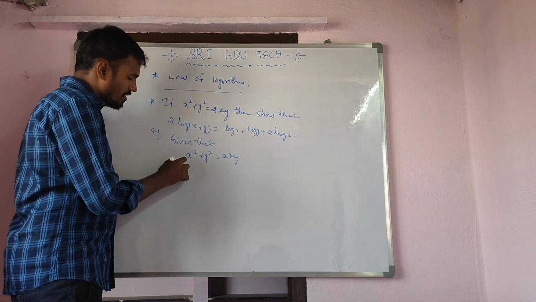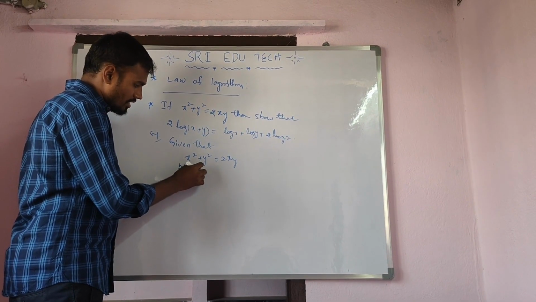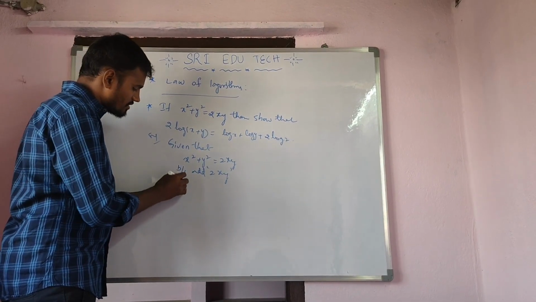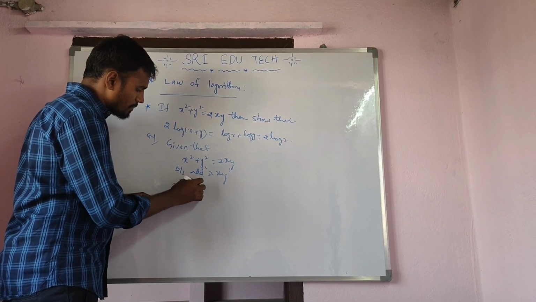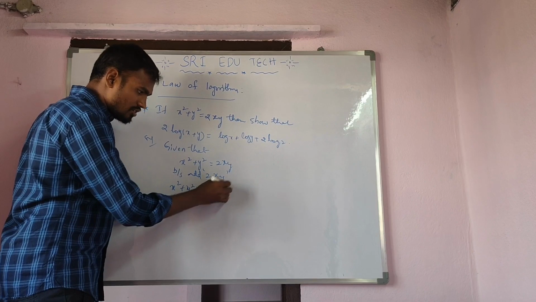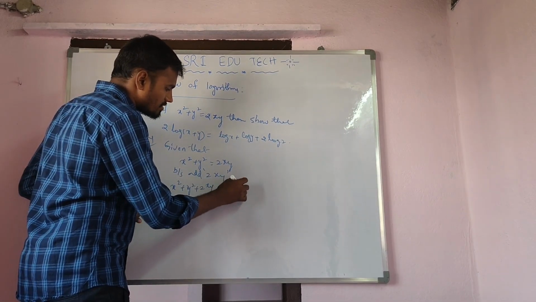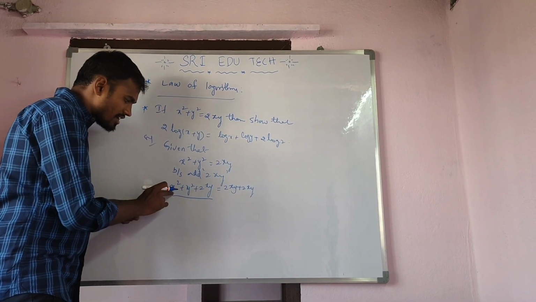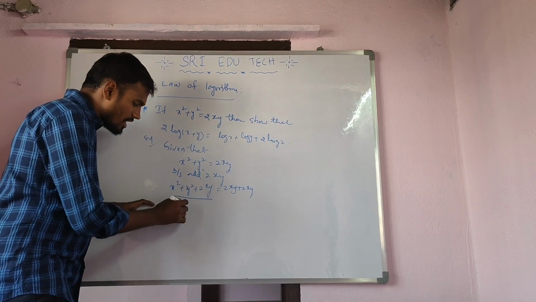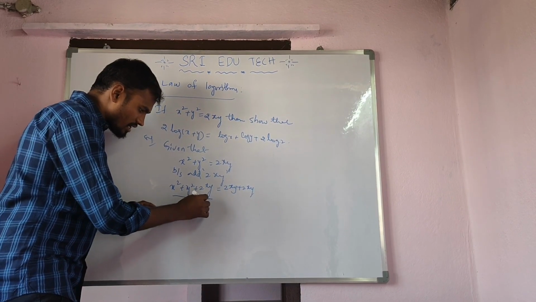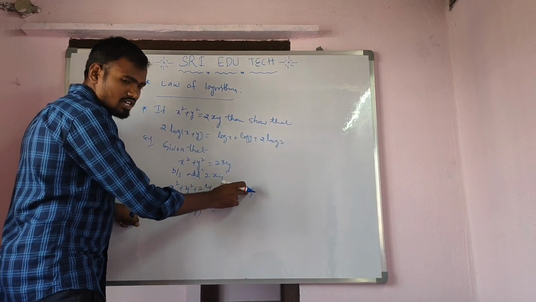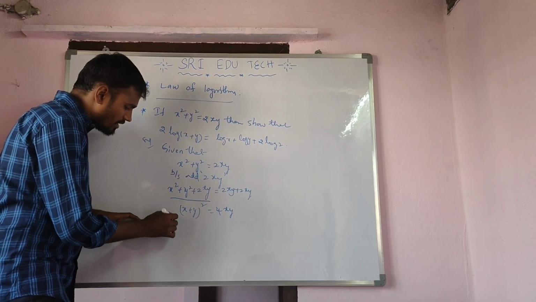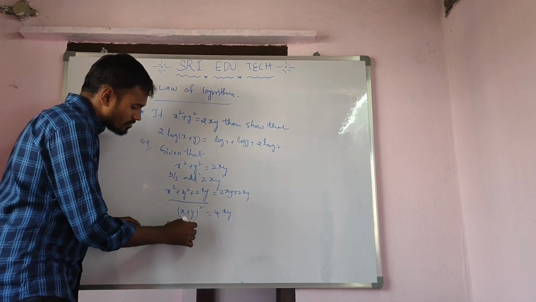Right? First we have to add 2xy on both sides. Okay? See, what is that? x square plus y square plus 2xy is equal to 2xy plus 2xy. Right? See, you have an expression here, x square plus y square plus 2xy means x plus y whole square is equal to 2xy plus 2xy means 4xy. Right? Now apply log on both sides.